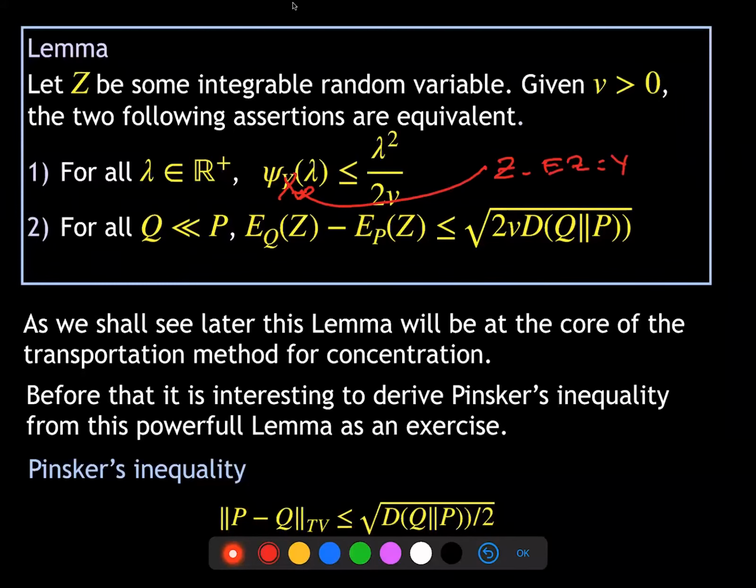Okay, so this allows you to characterize sub-Gaussian variables in a strange way, but let's see how powerful it is by looking at the consequence for Pinsker's inequality. So let's see how to prove Pinsker's inequality.